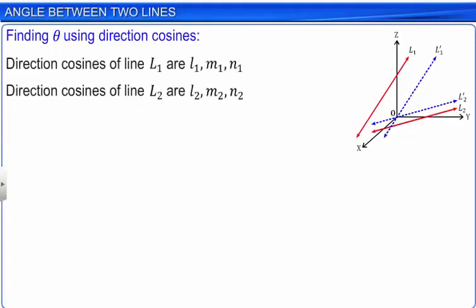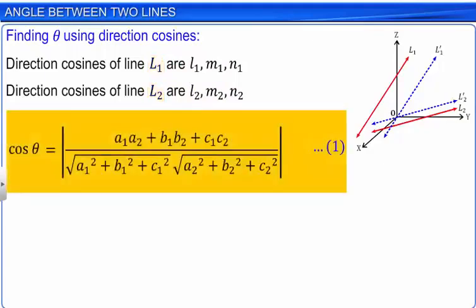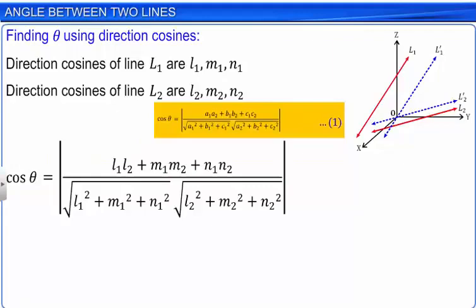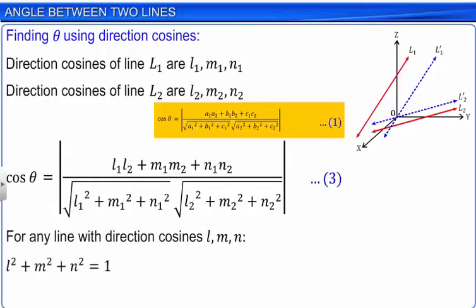If l1, m1, n1 and l2, m2, n2 are the direction cosines of lines L1 and L2 respectively, then from equation 1, cos theta can be written as shown. Let this be equation 3. We know that the sum of the squares of the direction cosines of any line is always equal to 1.